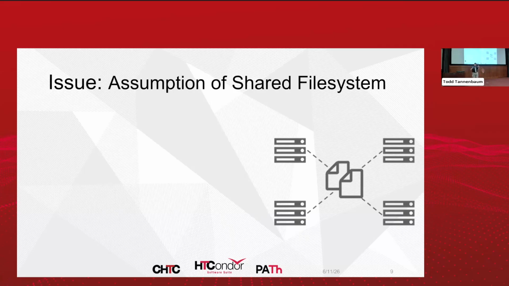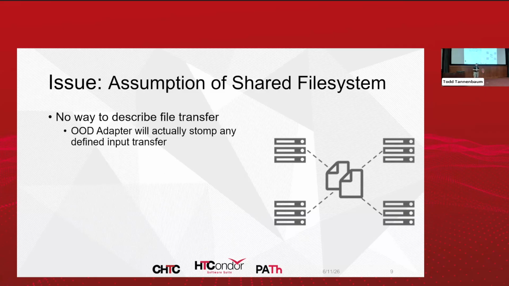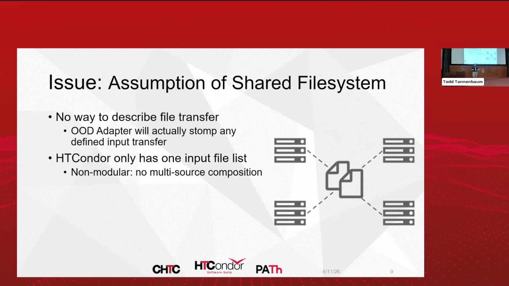The adapter is able to place Condor jobs that do file transfer, but there's some subtleties here. There's no way to actually describe file transfer. Actually, in fact, the Open OnDemand HTCondor adapter currently stomps any defined input transfer. This is kind of an issue on Condor's side. Let me back up.